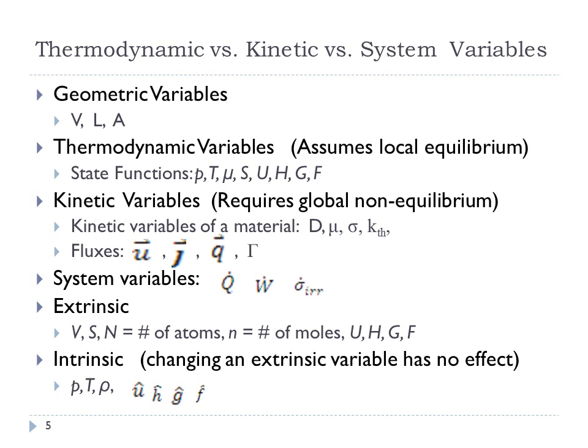You'll be seeing thermodynamic variables, which are state functions, like pressure, temperature, chemical composition, the entropy inside of a control volume, the internal energy inside a control volume, the enthalpy within a control volume, the Gibbs free energy within a control volume, or the Helmholtz free energy within a control volume.